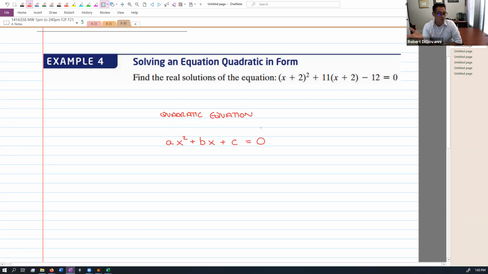That's a general quadratic equation. If I gave you a specific example, something like 2x squared minus 5x minus 7 equals 0, that would be an example of a quadratic equation.